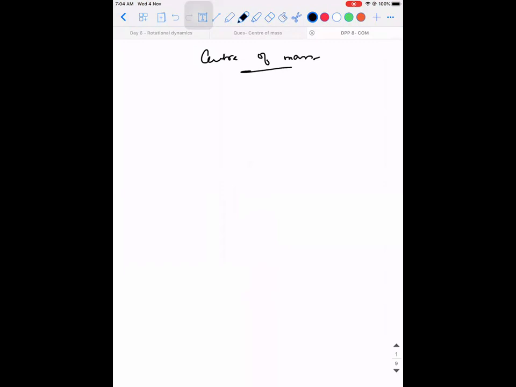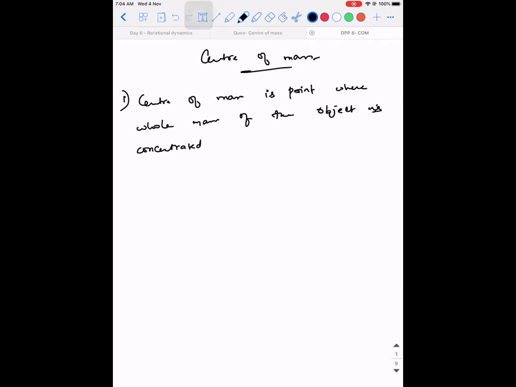Okay. So first, center of mass is the point where the whole mass of the object is concentrated. Right.